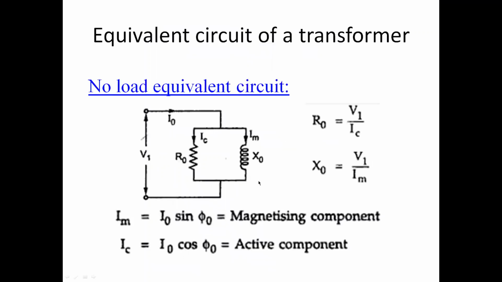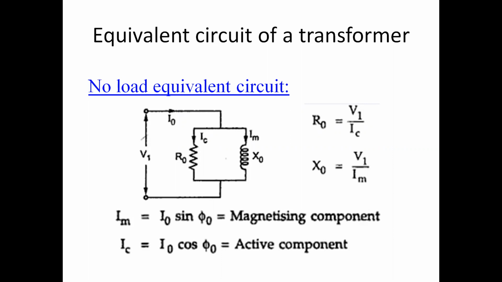Now you come to no load. When the transformer is at no load, only the magnetizing branch is there. So you take I naught only. I naught has two components, active and reactive. We represent them with I mu and I omega.